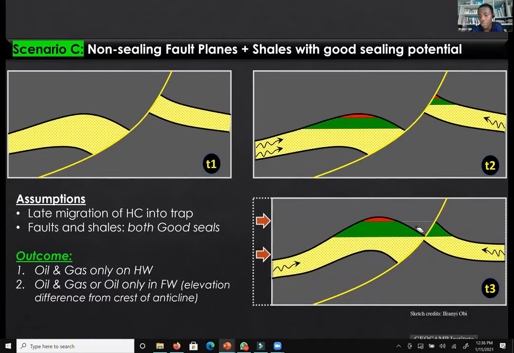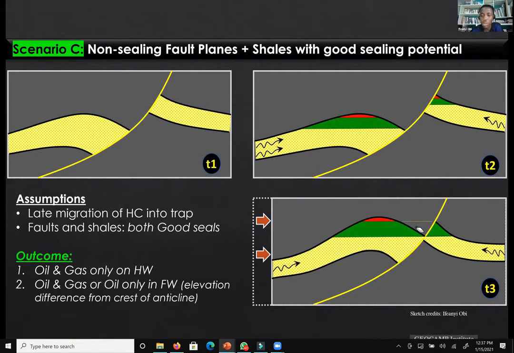But then here, the difference is this. If you look at the elevation, depending on the sealing capacity of the overburden shale, or the gas entry pressure or the oil entry pressure, what we see is that we have a thin column of gas on the hanging wall with a very good, thick column of oil on the hanging wall.